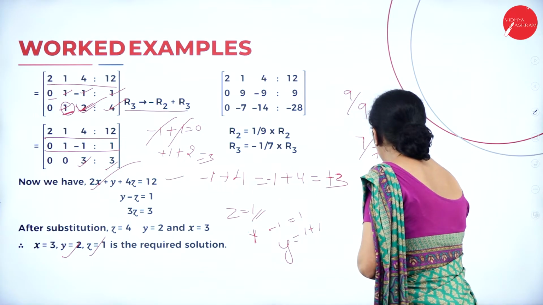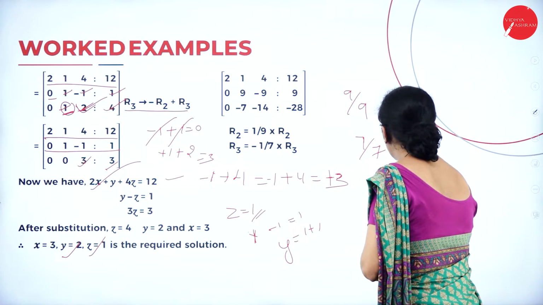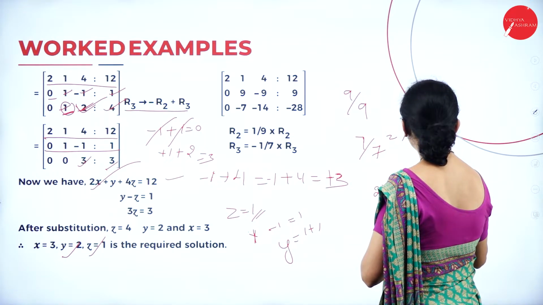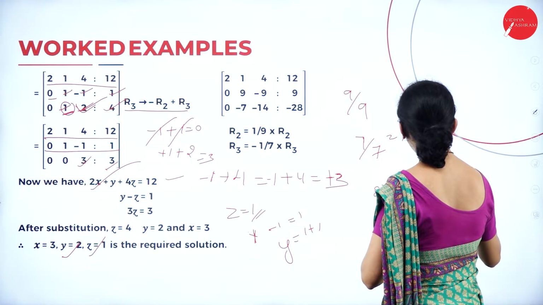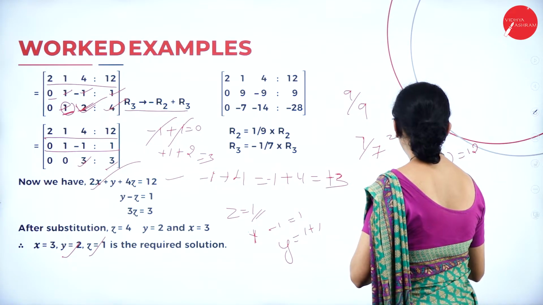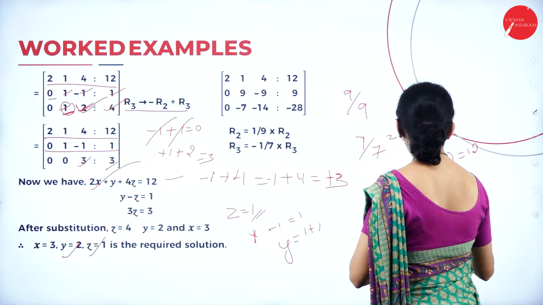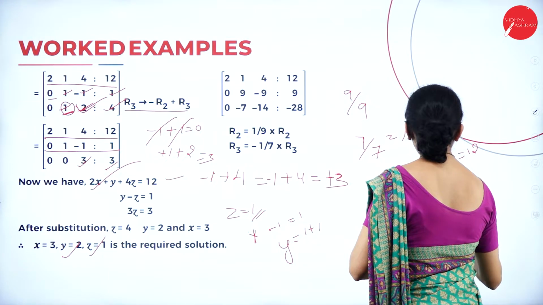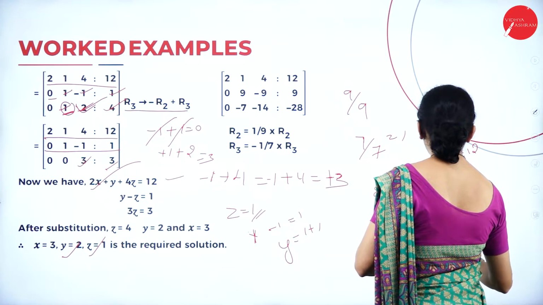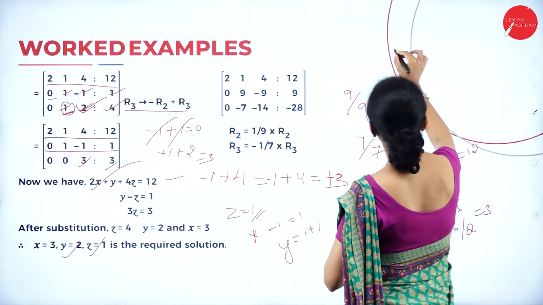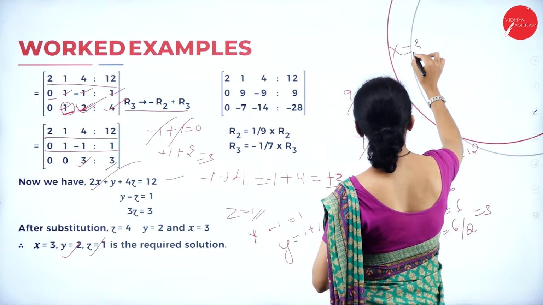Now I have 2x plus y, that is 2, plus 4 into 1, equals 12. So 2x equals 12 minus 6, I'll get 2x equals 6, x equals 6 divided by 2, it is 3. So what is my x here? X is 3.